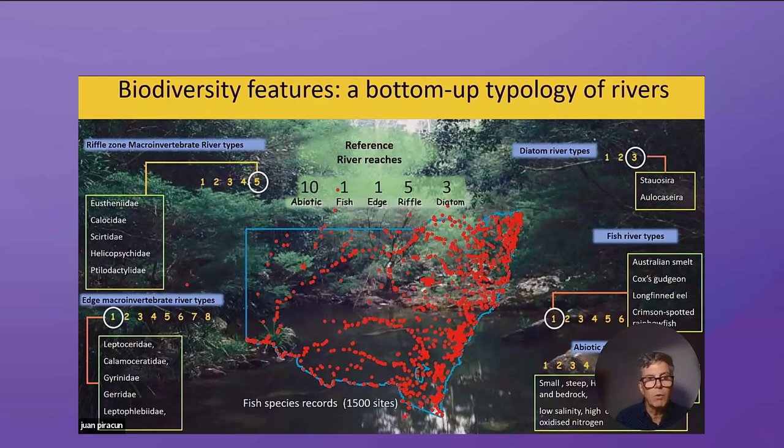We have one for macroinvertebrates from river edges, from riffles, a fish typology, a diatom typology, and abiotic typology. Here, I will only be talking about the results from the fish typology, which we generated using data from 1,500 fish sampling sites across New South Wales.